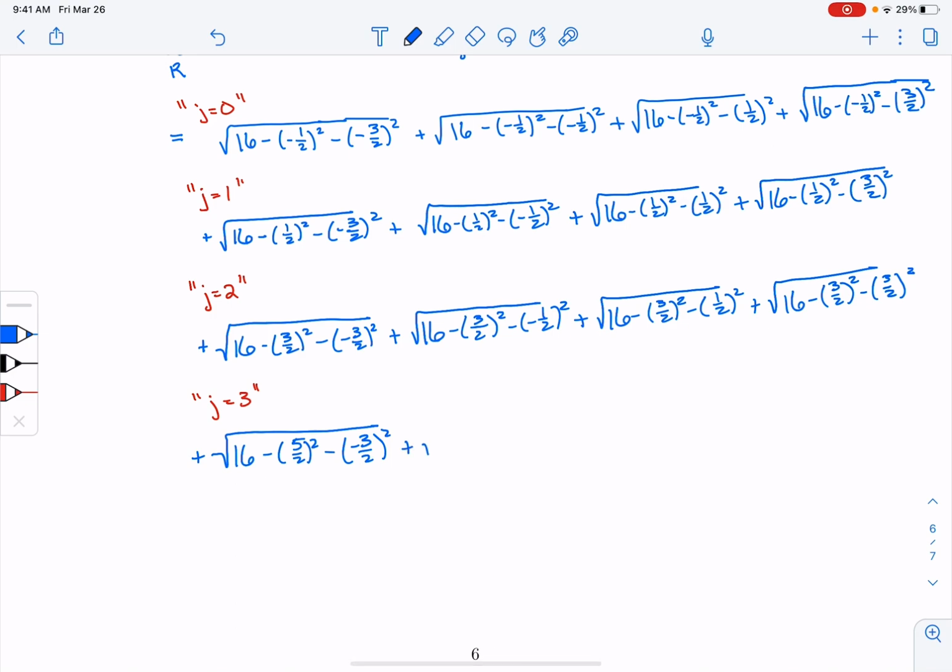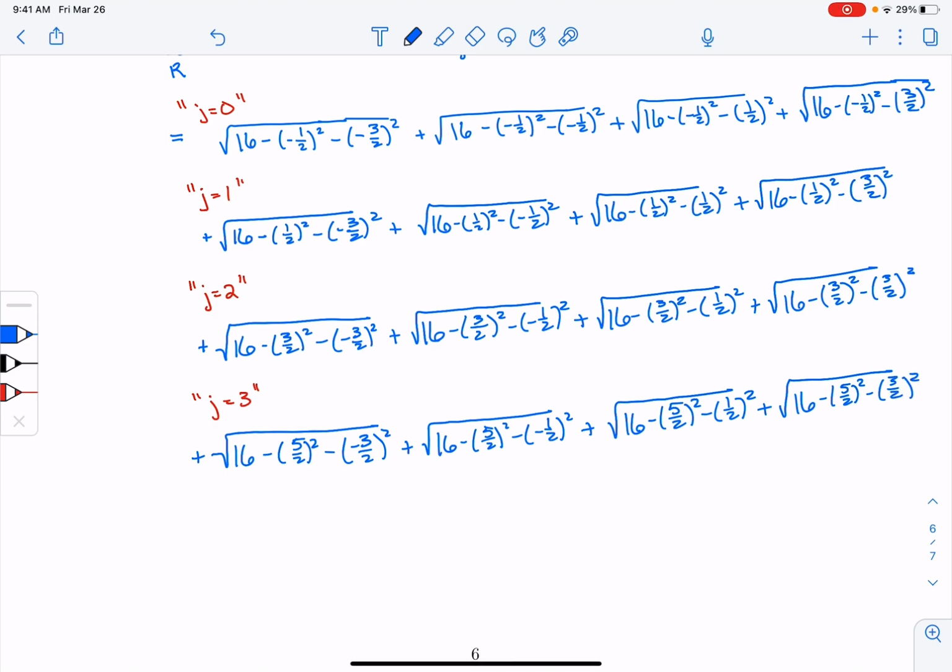So here we have the square root of 16 minus 5/2 squared minus negative 1/2 squared, plus the square root of 16 minus 5/2 squared minus 1/2 squared, and then the last term is the square root of 16 minus 5/2 squared minus 3/2 squared.